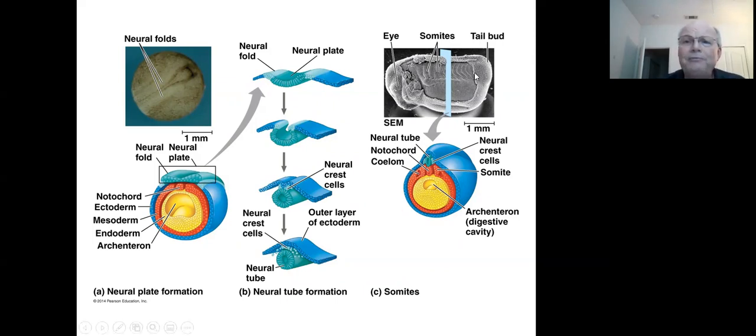And they are all derived from this condensed mesoderm that gives rise to these segments of muscle, which in the early embryo we refer to as somites. And you're going to see these turning up. You should have seen them in some of the pictures that you looked at in the embryology lab. You're going to see these turning up in a couple of other pictures that we will look at later in the presentation.